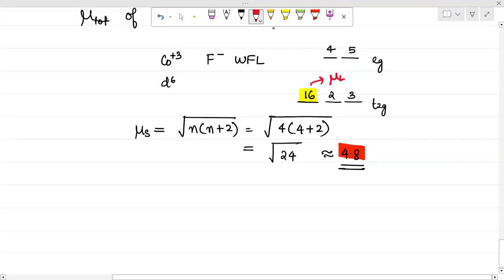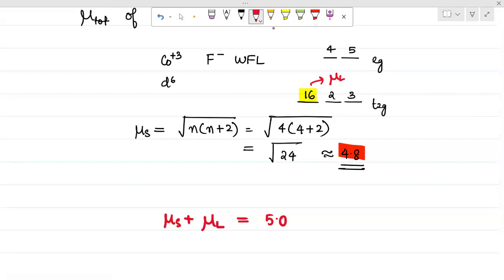So when along with mu s, you also add mu l, that's when you get your final value. So 4.8 plus a small value is what you have to add, and that orbital contribution is due to the unsymmetrical electron distribution at t2g. I hope you have got the concept.